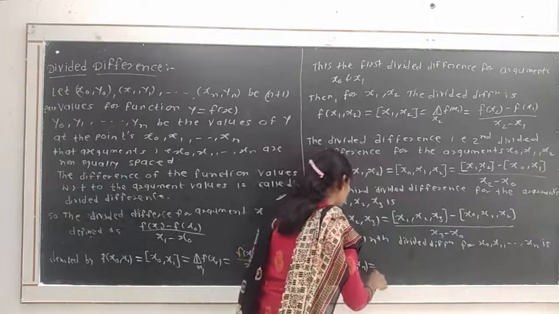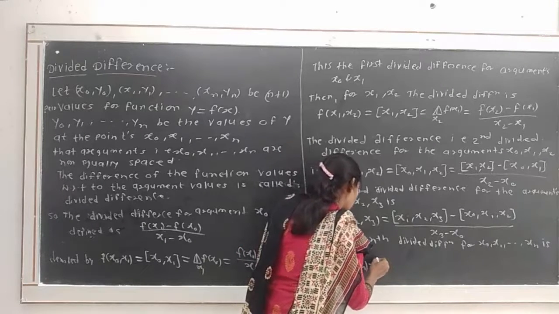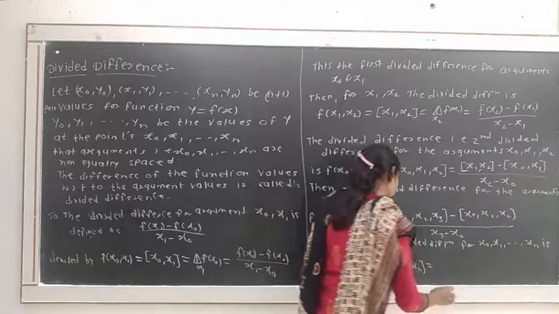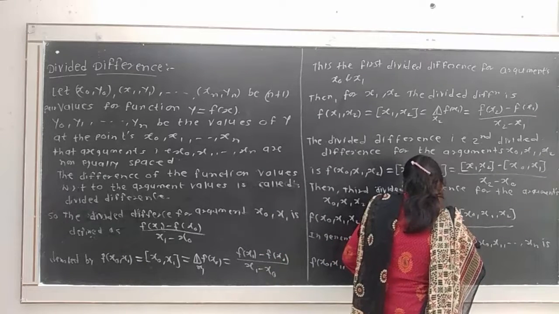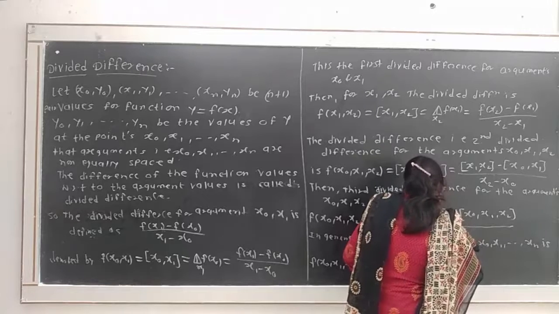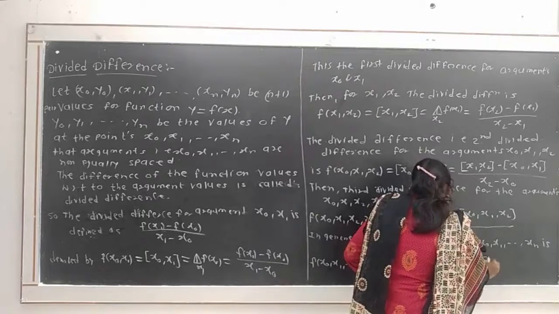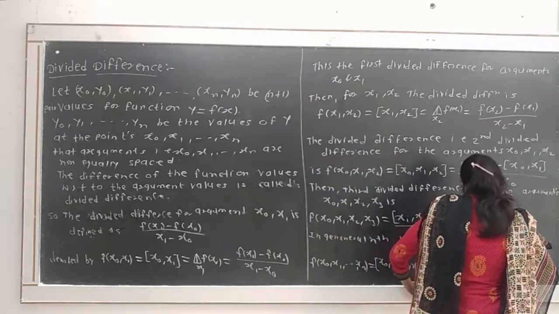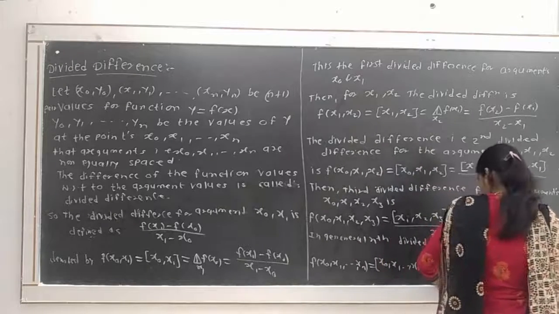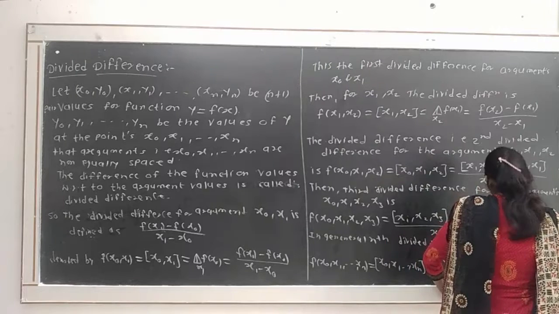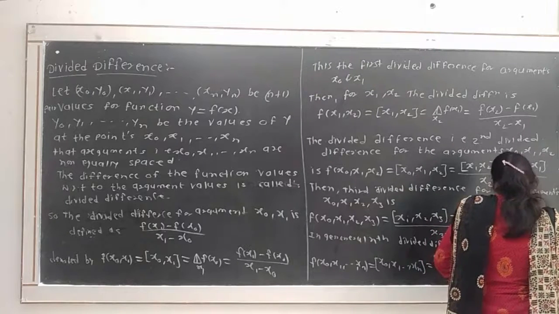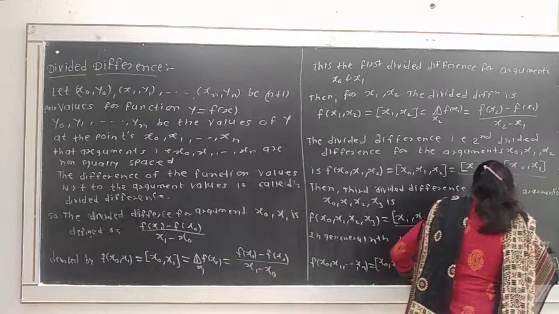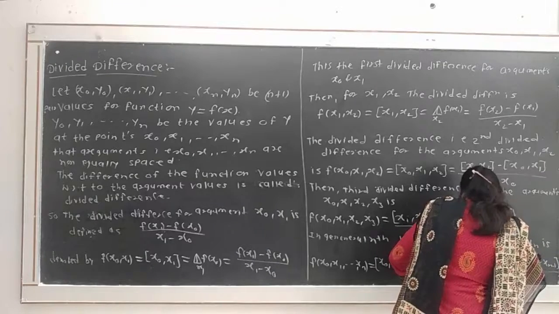It is equal to, you can also denote it by this notation, in square bracket x0, x1 up to xn, and define as the difference of the divided difference of x1, x2 up to xn minus the divided difference of x0, x1 up to xn minus 1, divided by the difference xn minus x0.